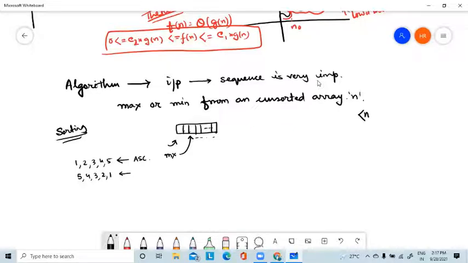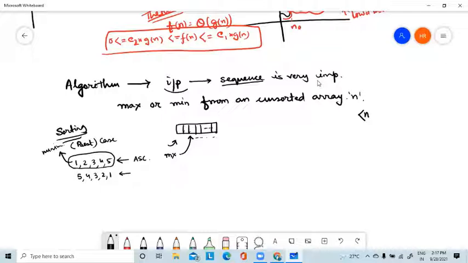It means for a particular algorithm, the input sequence is very important. Now we can say that this particular input sequence can have many permutations. But among those permutations, the sequence which will minimize the runtime is called the best case.